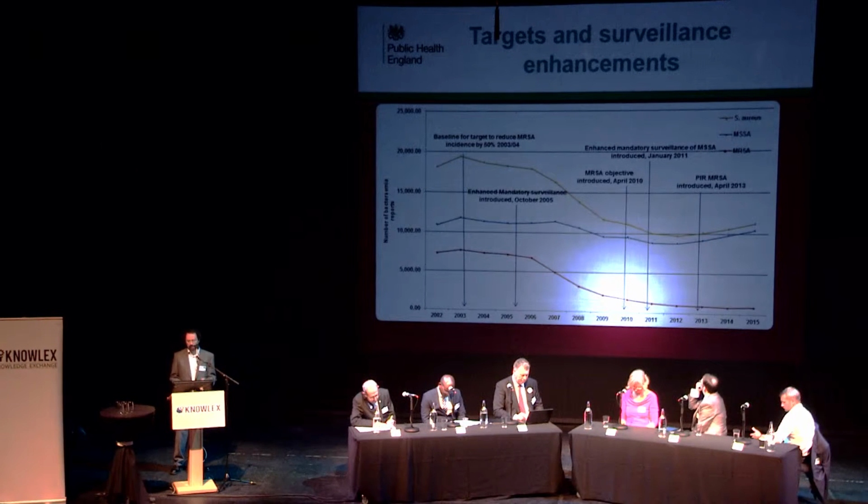And then we had the introduction of MSSA surveillance, and then the PIR for MRSA cases as well, the post-infection review. So you can see there the large declines we saw in MRSA. They're quite evident on that graph. And you can also see we did see some reductions in MSSA, the blue line, although obviously in recent years we've also seen some increases there.